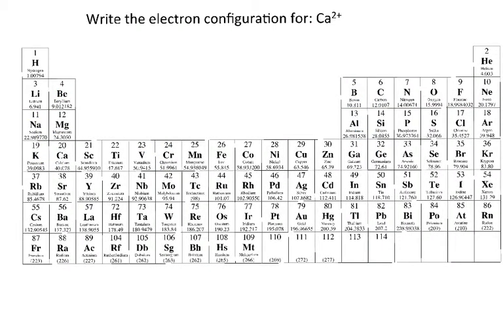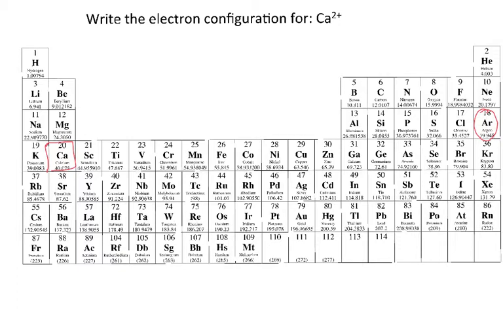Okay, our next example, we're looking at a positive ion. This time we're looking at calcium 2+. If it's positive 2, that means it's lost 2 electrons. So here's calcium here. It has 20 electrons when it's neutral. If it loses 2, that means it's going to look the same as argon.